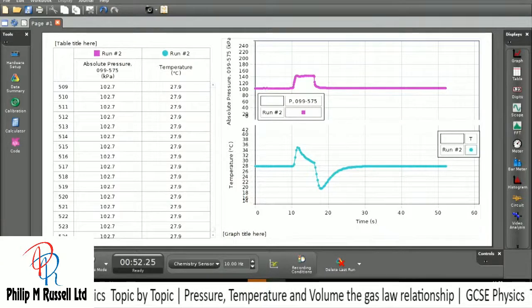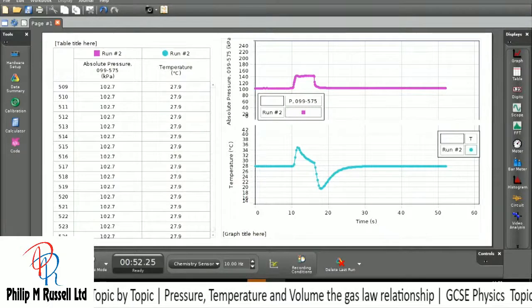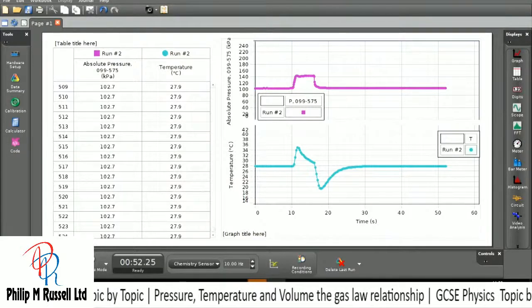So gas pressure and temperature. As I change the pressure, which I'm doing by increasing or decreasing the volume, something happens.